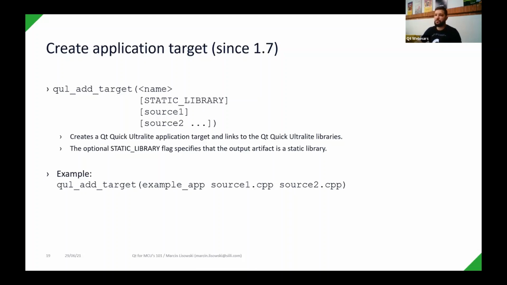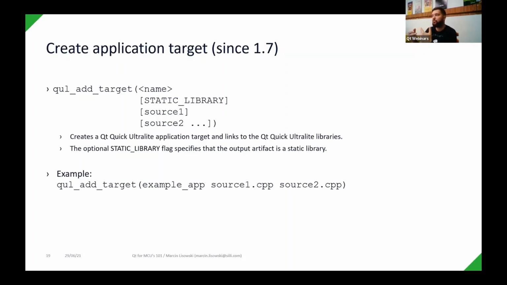All right, so QLab target defines the target for your application, and also it defines what your application has to link. So it automatically links Qt Quick Ultralite libraries to your target, and also it provides you a way to create a static library instead of the binary.